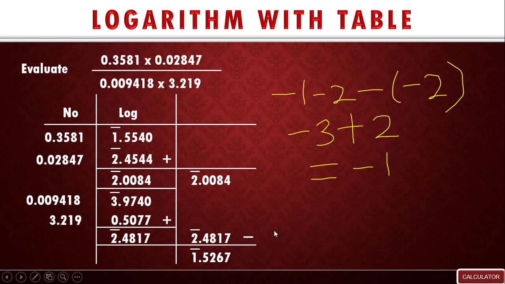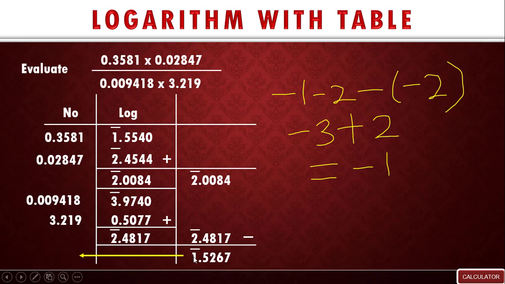Okay, so the next thing for us to do now is to determine our antilog. But before you determine your antilog, you need to check your characteristic here and ask yourself the question: is this characteristic in bar, or is it positive or negative?